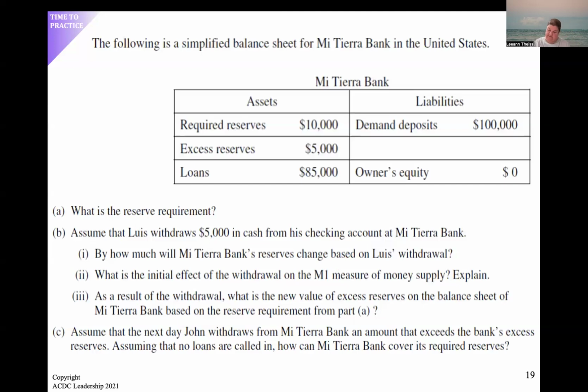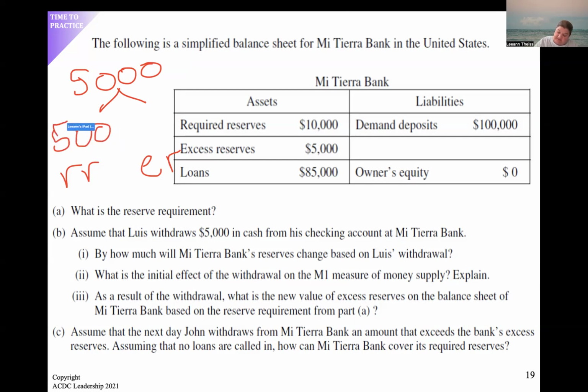Okay. Next. By how much will the Me Bank reserves change based on Luis's withdrawal? Okay, so if he's taking $5,000 out, we know we're going to split that into required reserves and excess reserves. So, of the $5,000, 10% is $500, which means what do we have left over? $4,500 left over.